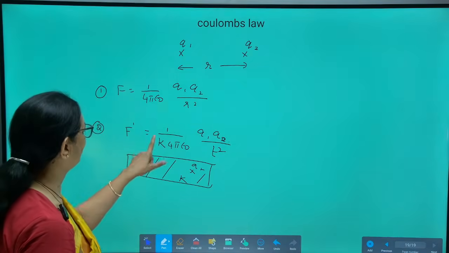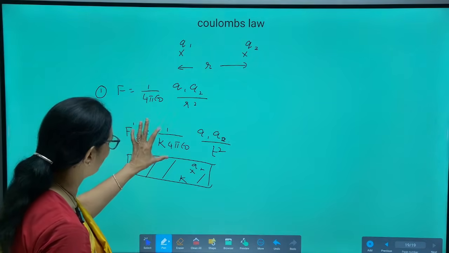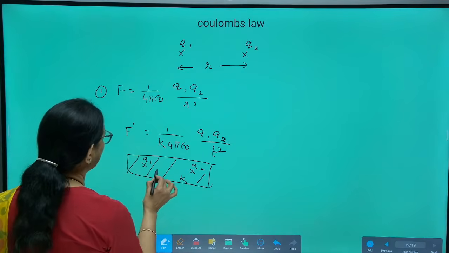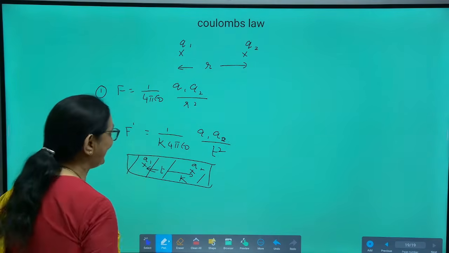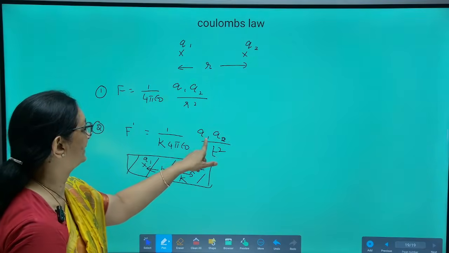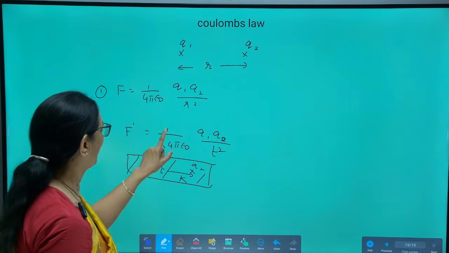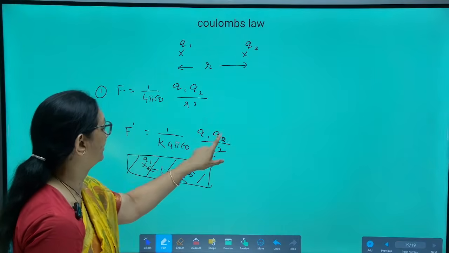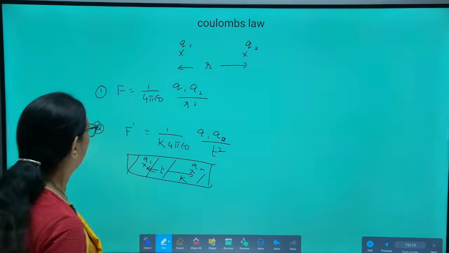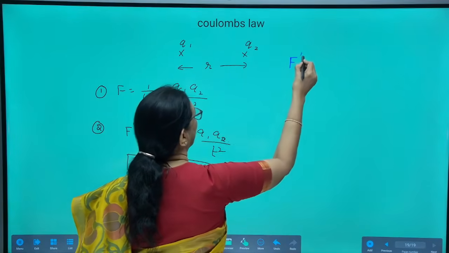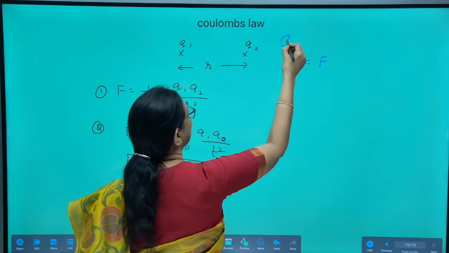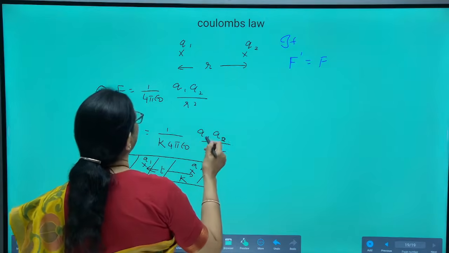Then the force between them, do you understand this concept? The two charges now are separated by a distance T. Then the force between them is 1 by K times 4 pi epsilon naught Q1 Q2 by T square. If the two forces are equal, if F dash is equal to F, what does it imply?